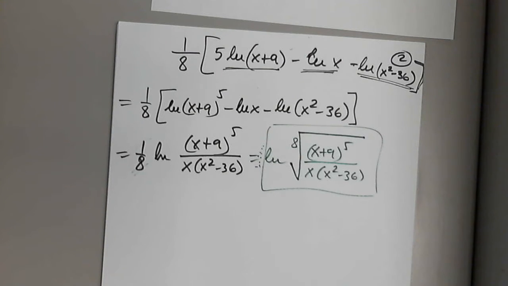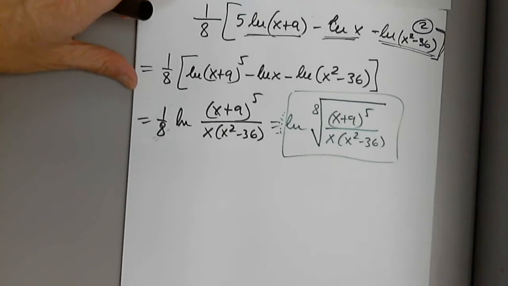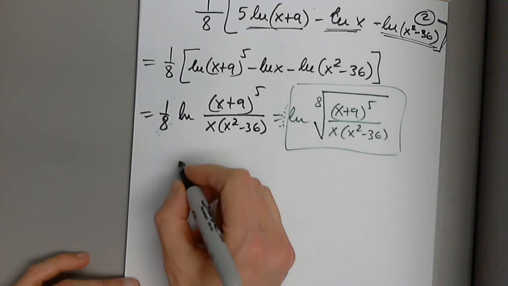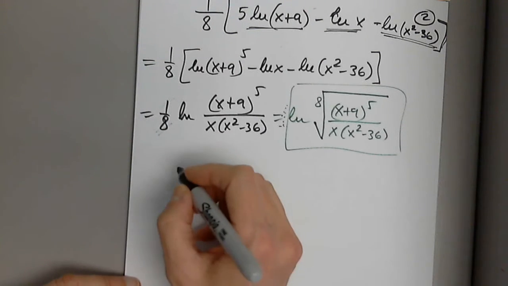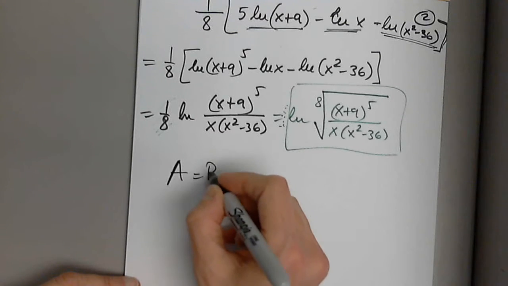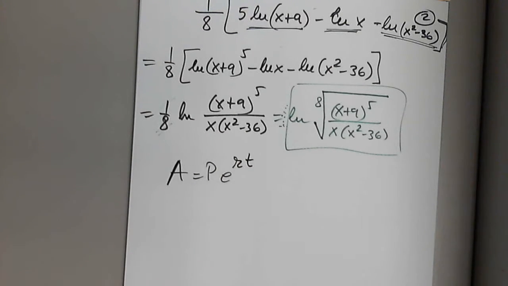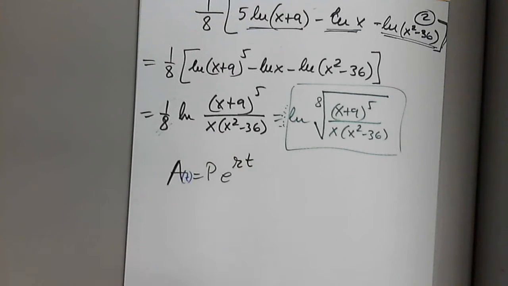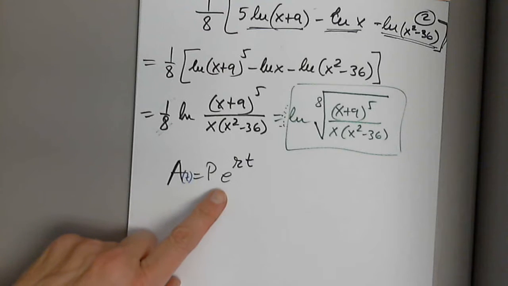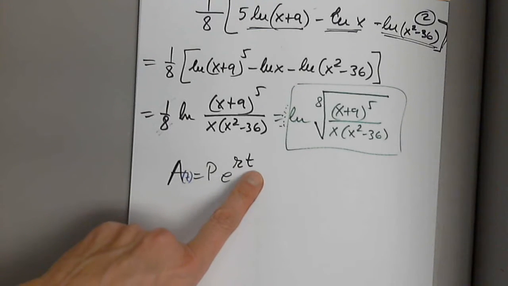Okay, then let's look at exponential decay and exponential growth. Do we remember this formula? I'm not asking you to, but do you remember seeing it? It should be A of t equals P e to the r t. P is the principal, e is a number, r is a number, t is the variable.